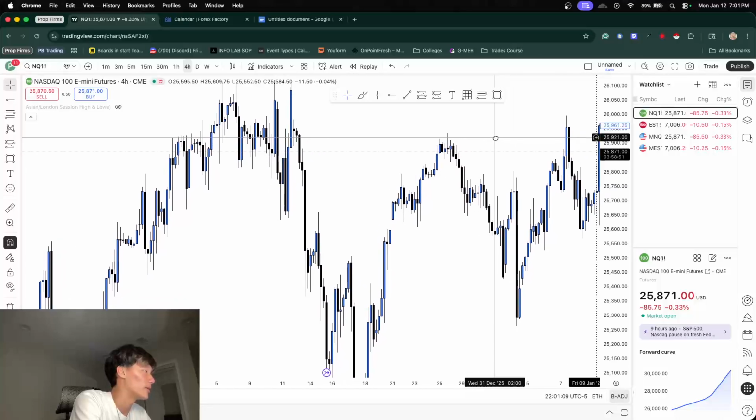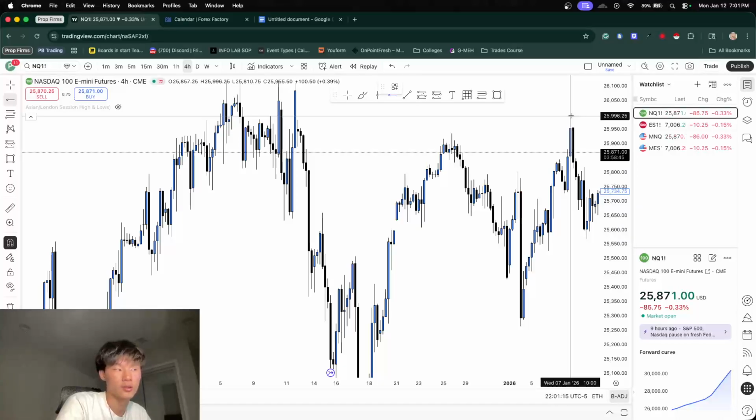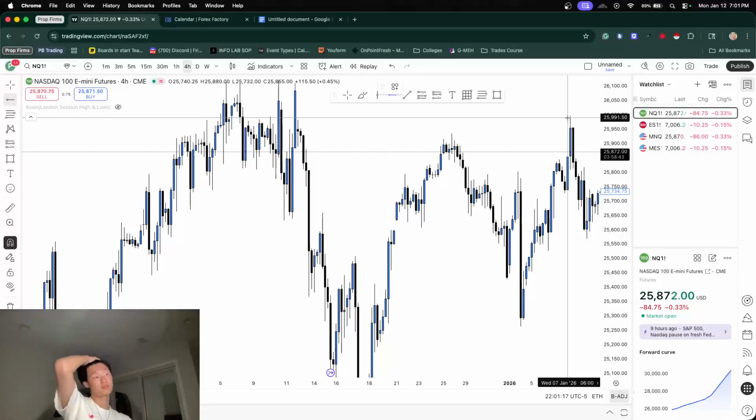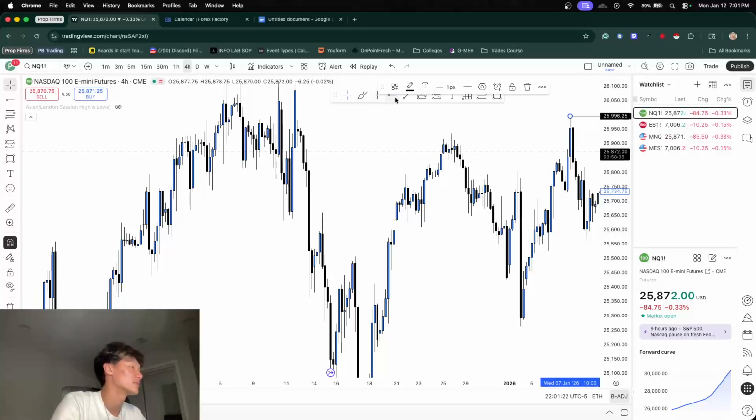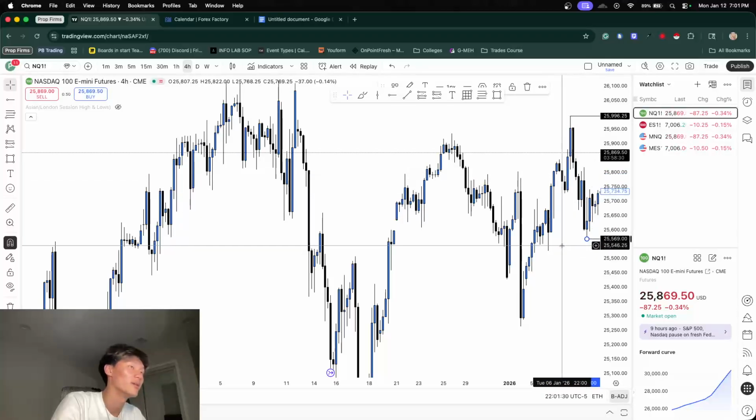Yeah, now we know our bias. We have to mark up liquidity levels. So we have this high, this low. This is already filled. It is also filled already.